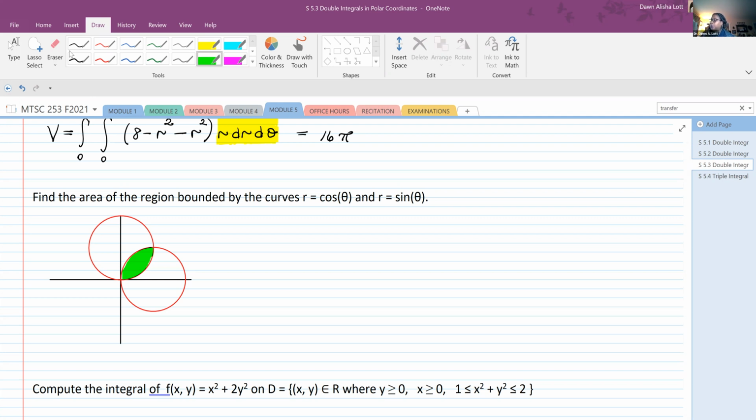It would be helpful, as you can see, for us trying to do this problem, we're going to use a radius and an angle. The radius is going to come up out of here, and it's going to first go to this curve.